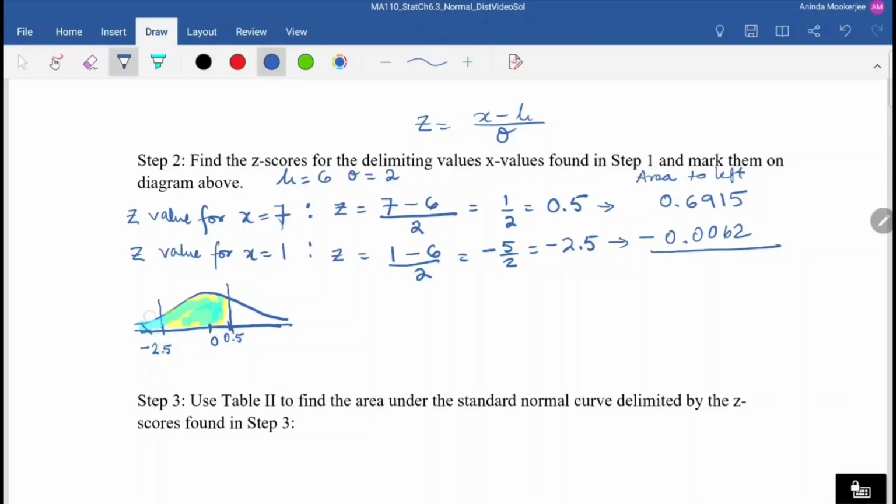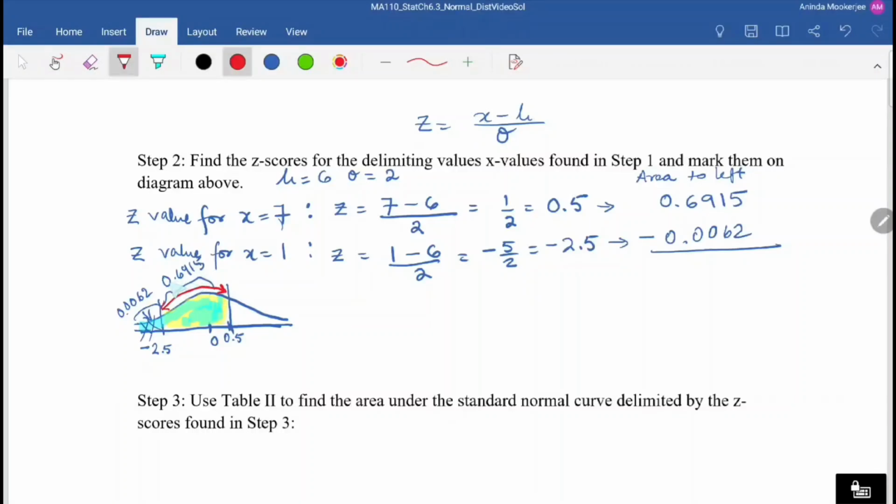Now you have to subtract the two areas. You have to subtract this portion, right? This area was 0.0062 and this whole area was 0.6915. But we are only interested in this portion of the curve, the area under this portion of the curve.